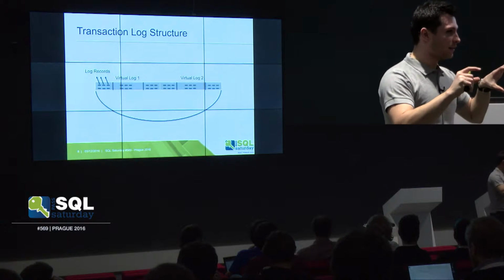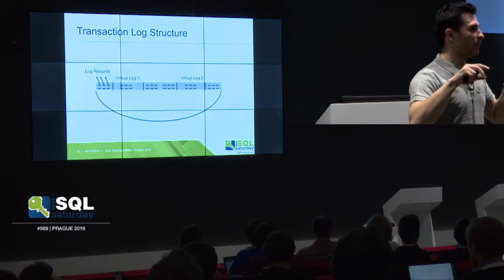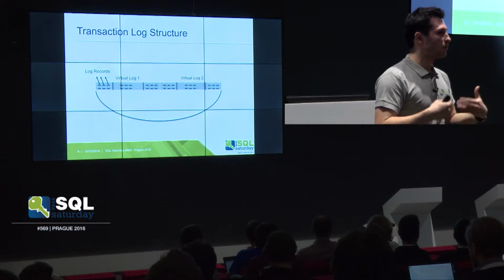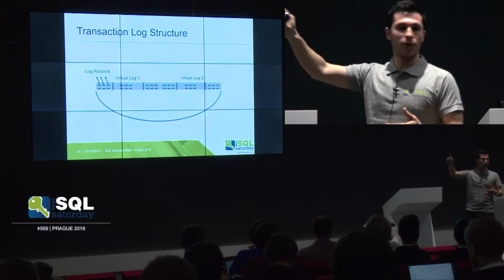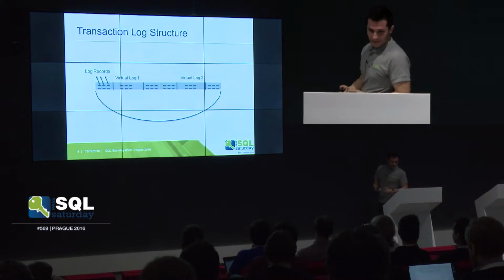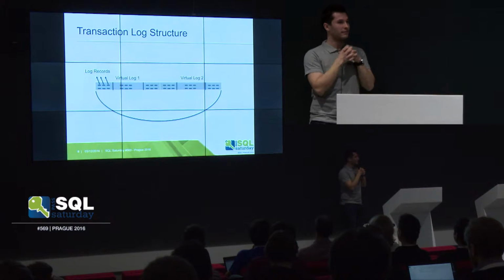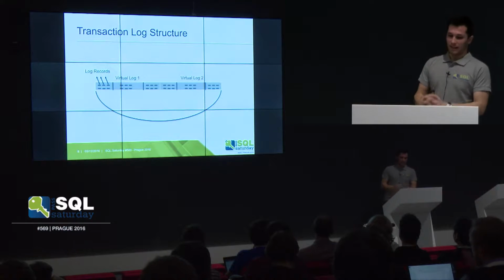When it is cleared, SQL Server can reuse it. But if all of your VLFs are currently in use and SQL Server hasn't been able to clear them out, the transaction log has to grow. Okay. Any questions here? About the structure for the time being? Okay.